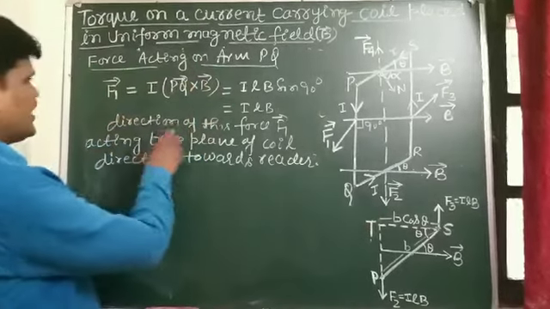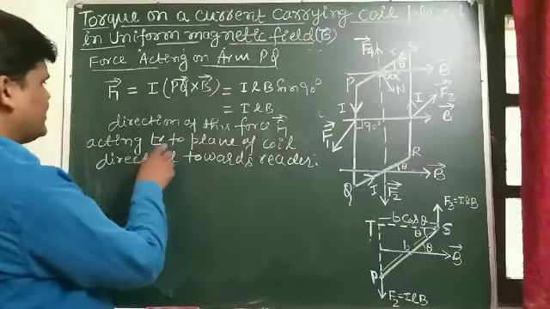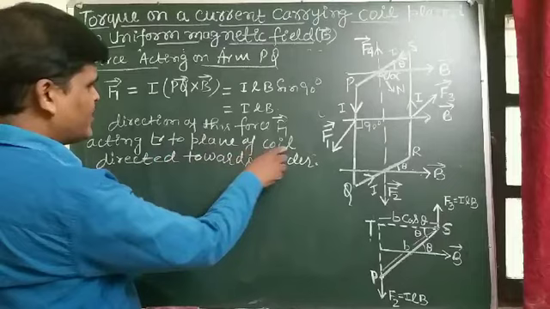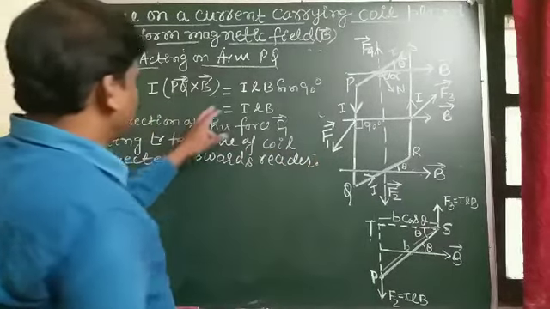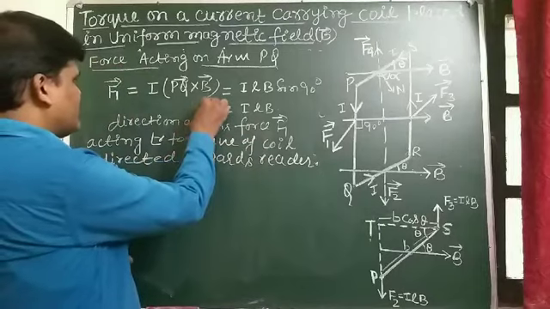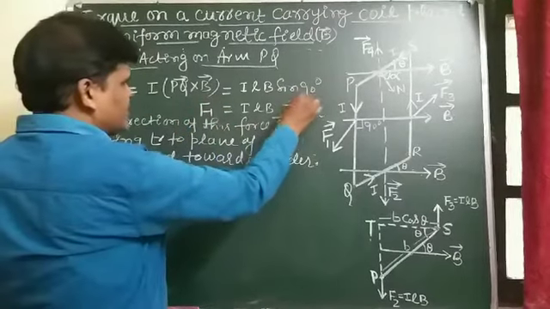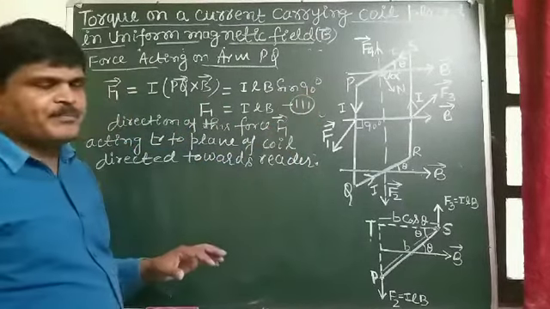So here direction of this force F1 acting perpendicular to the plane of coil directed towards reader, and its magnitude can be written as F1. This is equation 3.